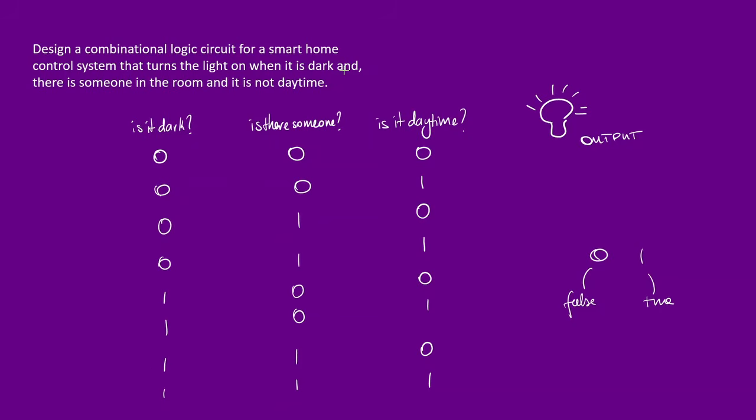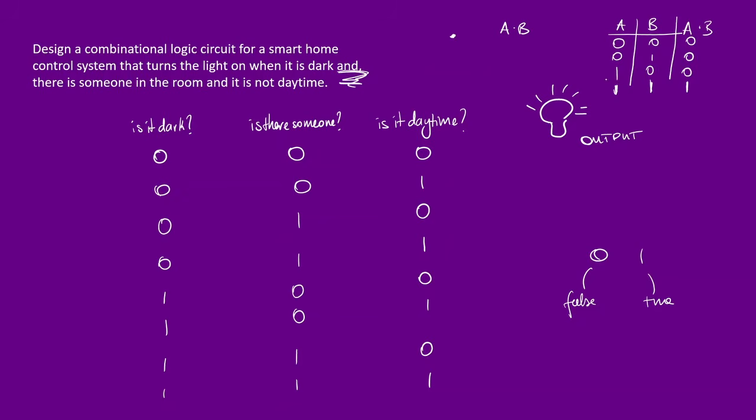Okay. The next term is and. So it is not going to be, is it dark or is there someone in the room? No, it is and. And the AND operation is very strict. Recall A and B is only going to be high when both of these are high.